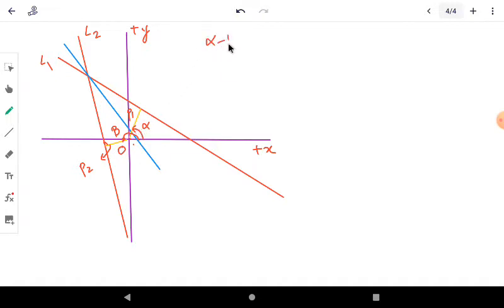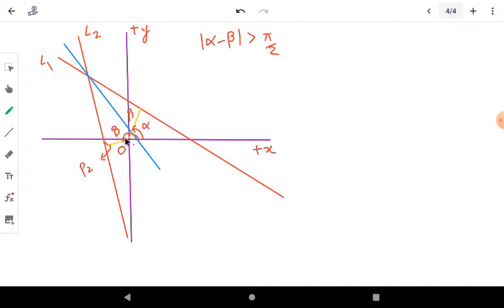I will take modulus here because L1 and L2 can be interchanged also, the way I did. So as you can see here, alpha minus beta is obviously greater than pi by 2, because this angle, as you can see here, is obtuse.